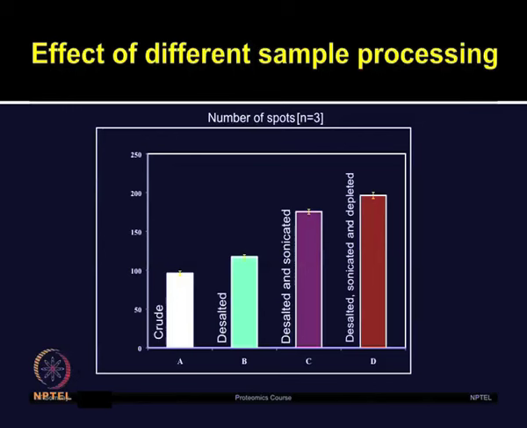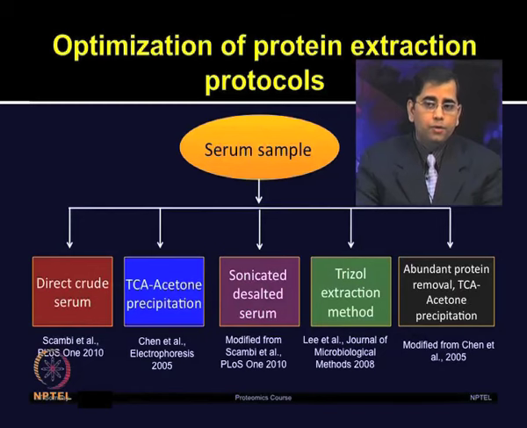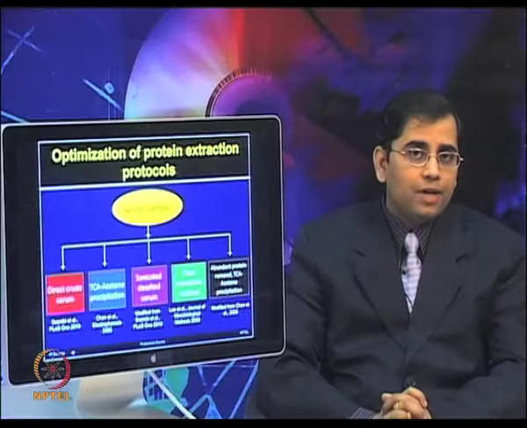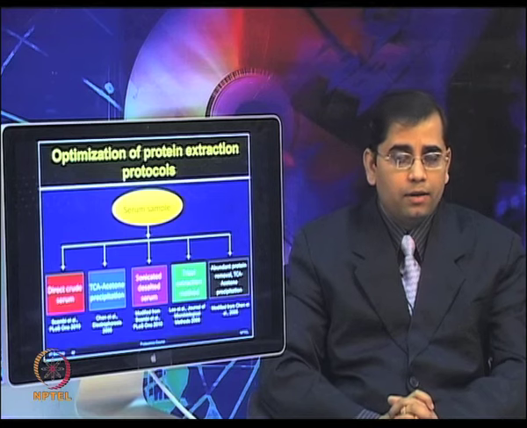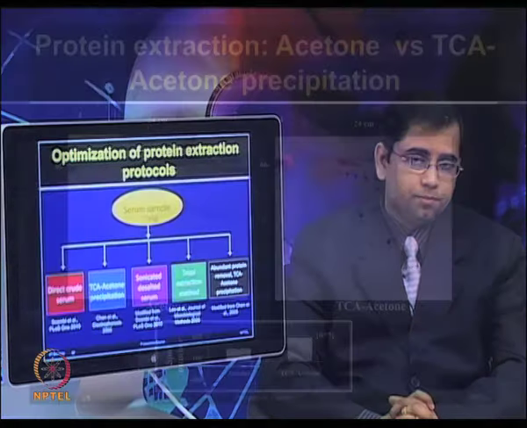Now, after processing of these samples, how to extract the proteins? The protein extraction protocol was also optimized, and to optimize it, first of all we looked at what different methods are available in the literature. People have applied direct crude serum, TCA acetone precipitation, sonicated and desalted serum, Trizol extraction method, as well as abundant protein removal and TCA acetone precipitation.